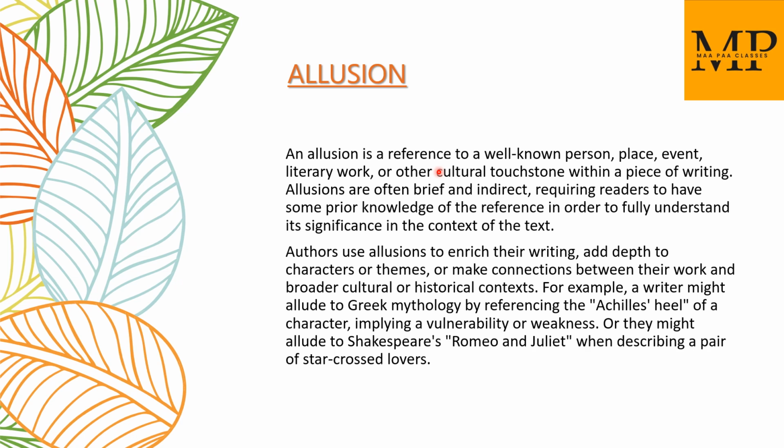For example, if we want to narrate someone a story, we make comparisons. Like in Hindi, if we say this character is like Lord Rama, we are making the character seem like an ideal person because we are comparing him to Lord Rama.